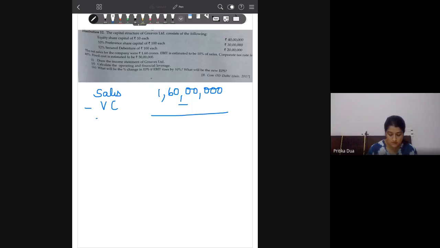So we start with the sales, which is 1.6 crore, less the variable cost. Okay, there is no variable cost given. Else this is how it is given, variable cost. Then you have the contribution minus the fixed cost gives you the EBIT.